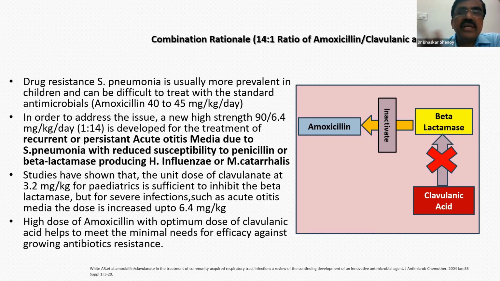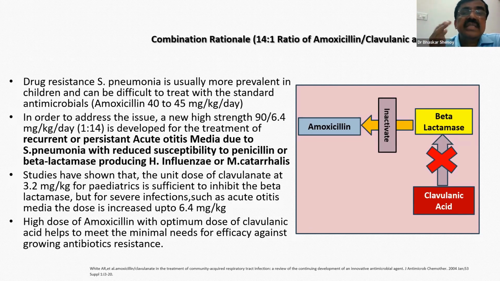Whereas Moraxella catarrhalis and H. influenzae are notorious because they develop resistance by a different mechanism, by producing beta-lactamase.